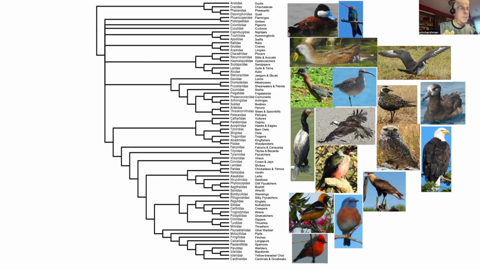Can I get myself a pointer? Let's see if I can do this. Okay, so here's my laser pointer. This is the root of the tree down here. Trees can be shown right to left, left to right, top to bottom, bottom to top. You just have to orient yourself on the root. The root is the part opposite from all the names and these tips of the tree.